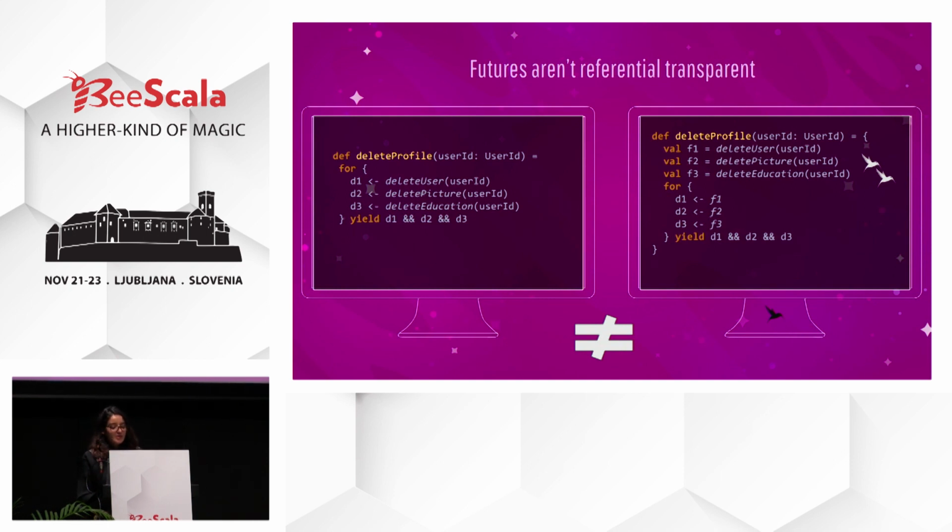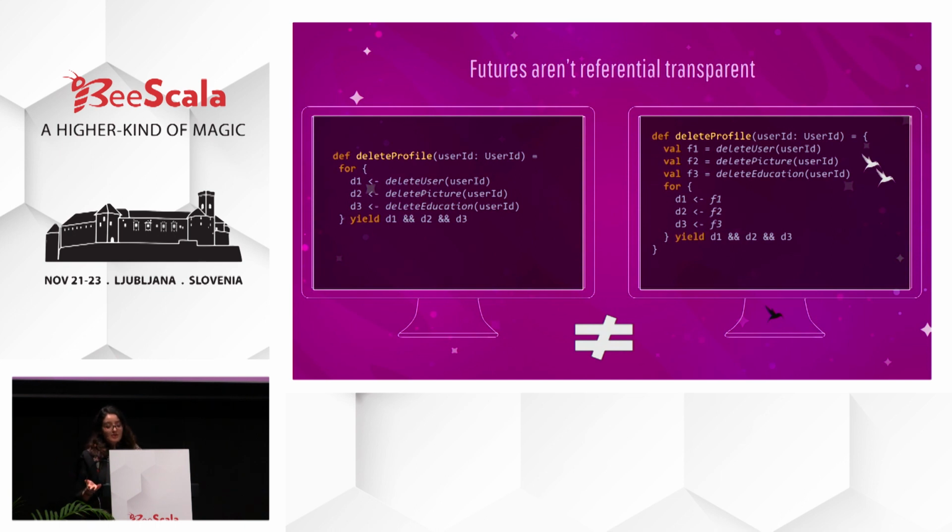Futures are not referentially transparent, which means, like here on the left screen, your program will execute sequentially. It will execute the futures one by one. But on the right-hand side, if you express the futures in an expression, inline your code, and then call them later, like I showed earlier, the futures will start flying.